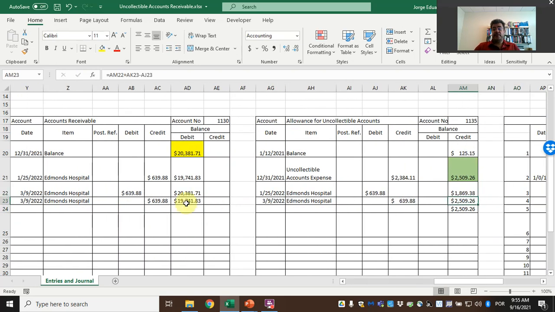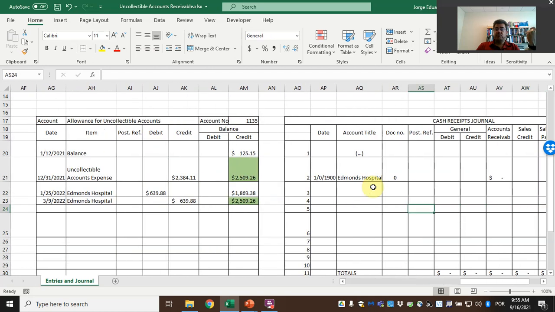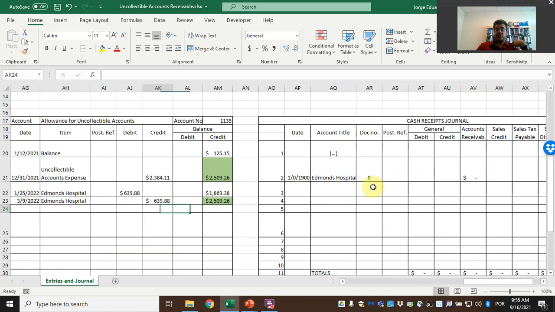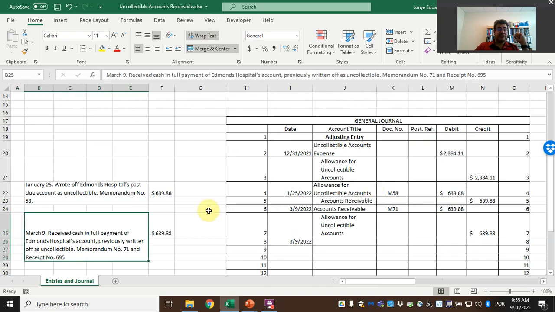And now the ending balance will be the same again, because we have written off, but we have reopened as well. And here, nothing so far on cash. But we received it in cash, so we need to record that as well.